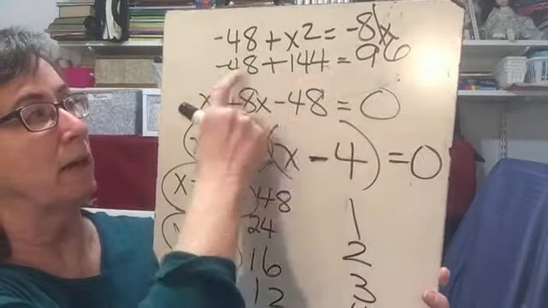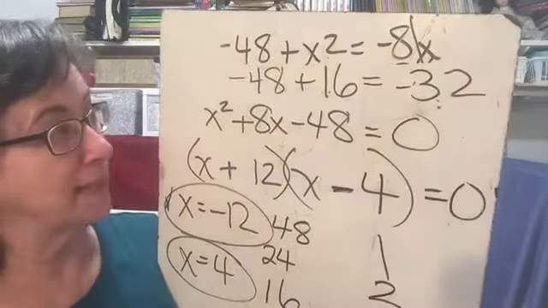This one works. What about 4? Does 4 also work? So we'll erase that since we already checked that one. We're going to plug in a positive 4. So negative 48 plus 4 squared is 16 equals negative 8 times 4 is negative 32. So we look at that and we say, is that true?